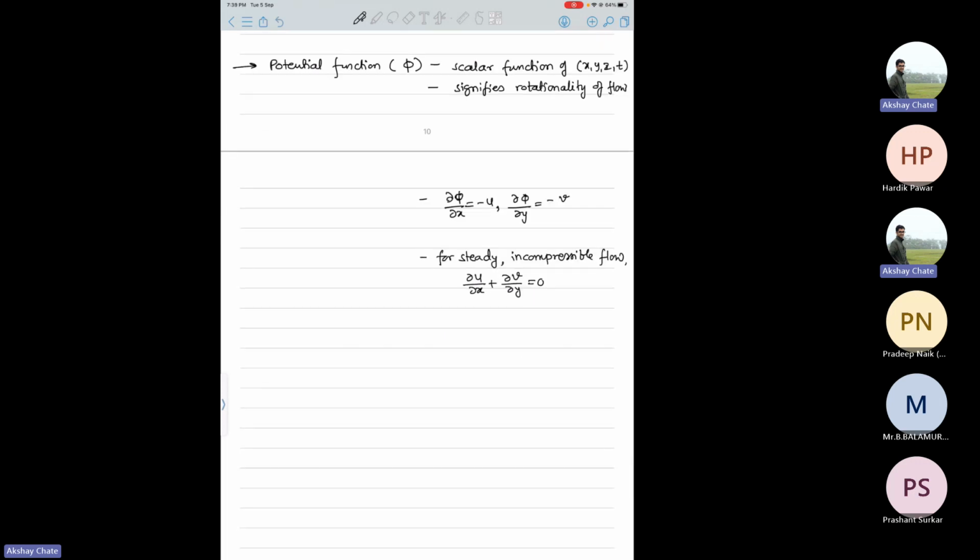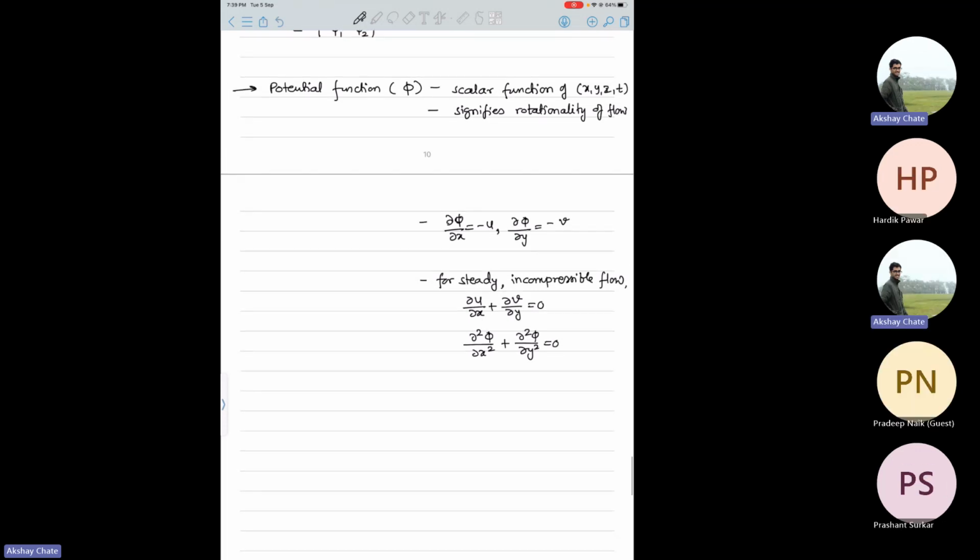So u del u by del x, so it will become del square phi by del x square plus del square phi by del y square equal to 0.